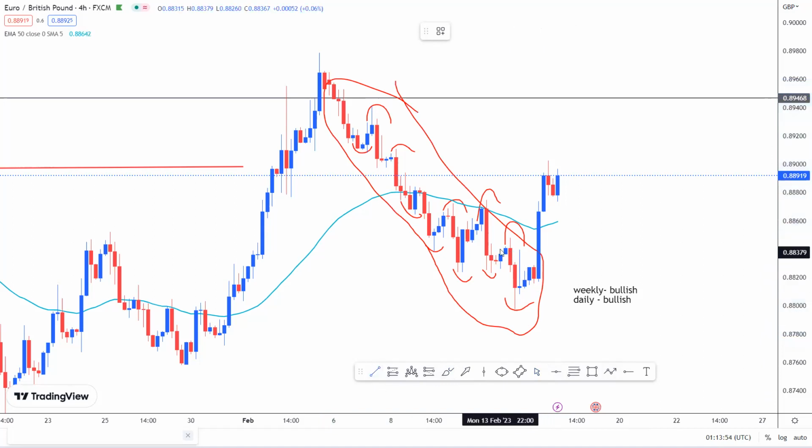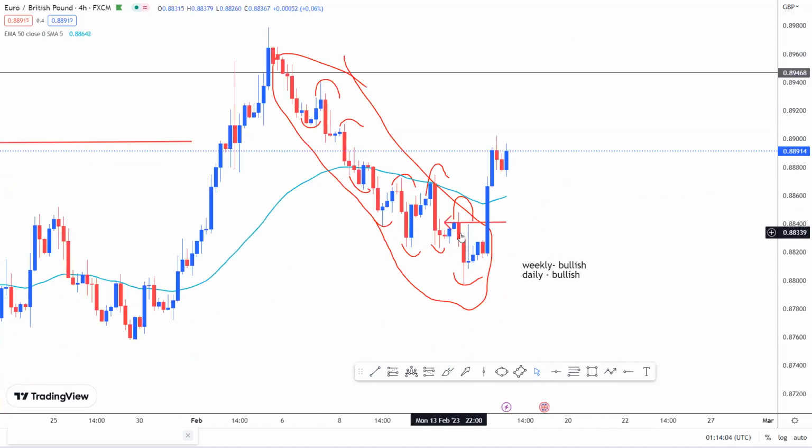So we have this being the previous lower high that led towards this lower low. From the 4 hourly time frame perspective, as long as price stays below this high, we are still very much expected to be in a bearish market structure.